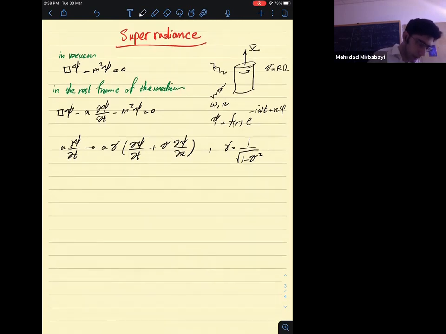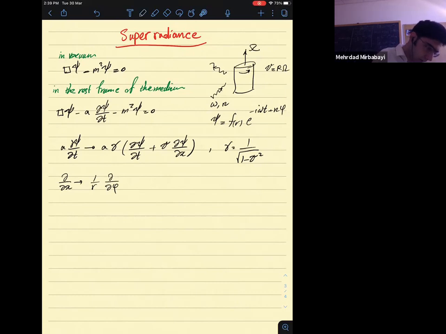Now we have to transform this derivative. So d by dx will be replaced by 1 over r times d by d phi at the surface.